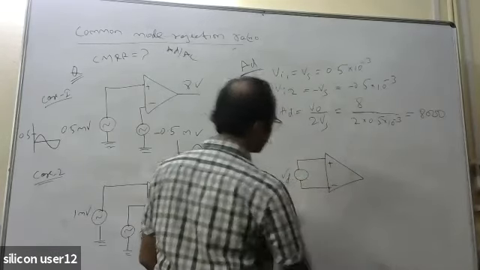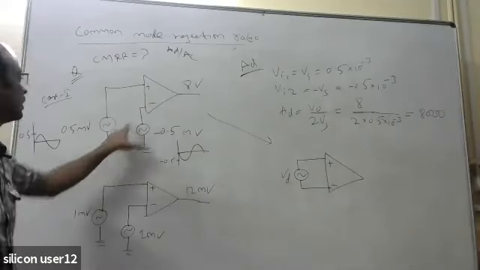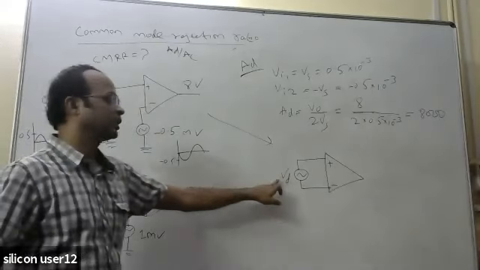So this is the differential component applied between these two plus and minus terminals. And how much will be this Vd component?